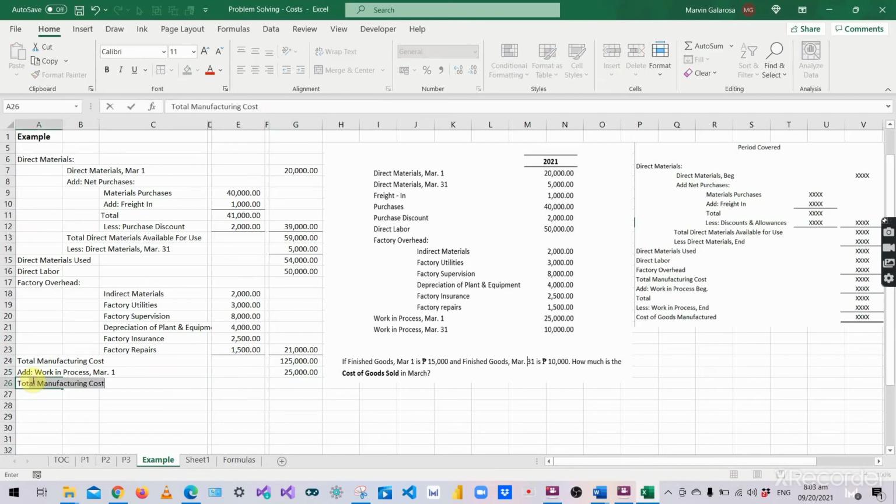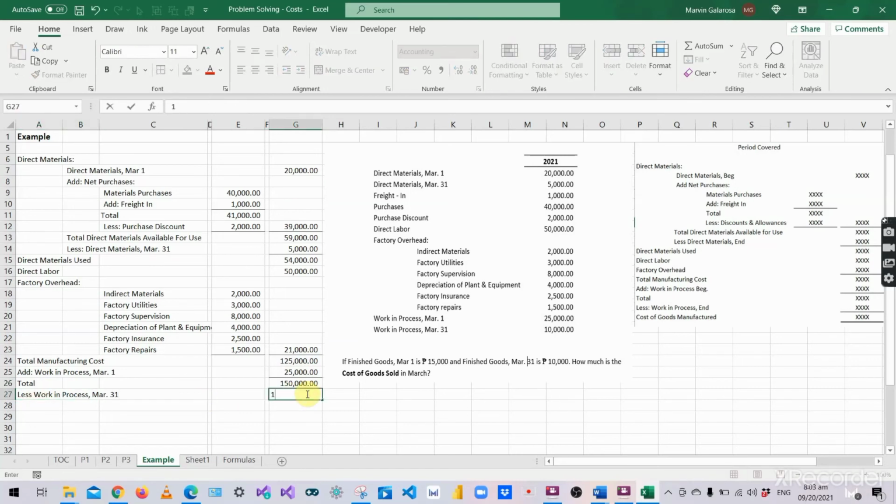Then get the total. $125,000 plus 25,000, 150,000. And then less work in process ending. Which sa example natin, yan yung work in process March 31.